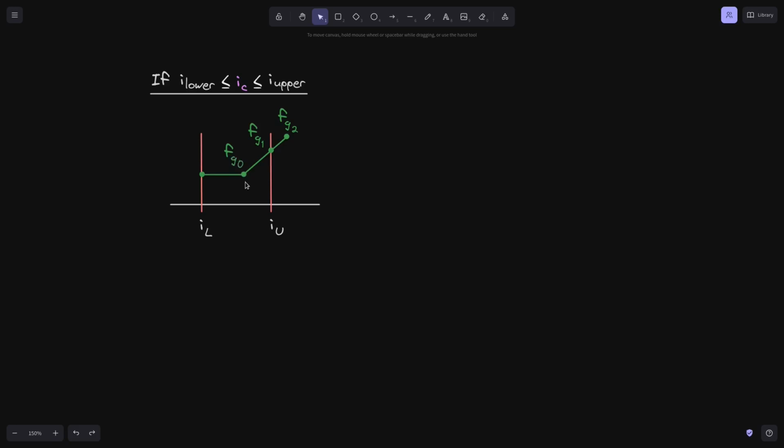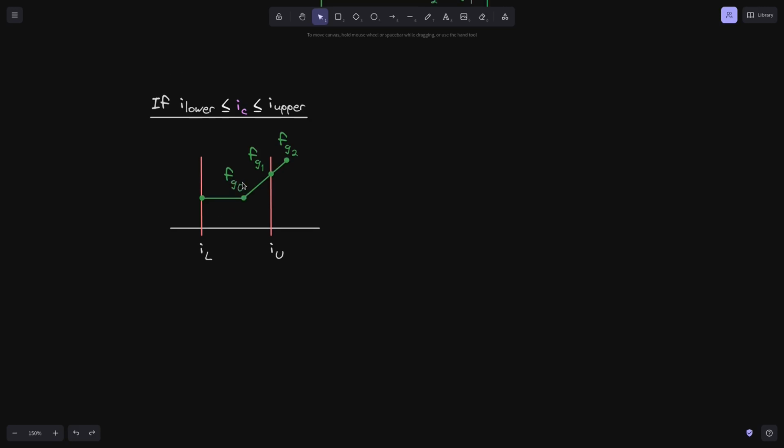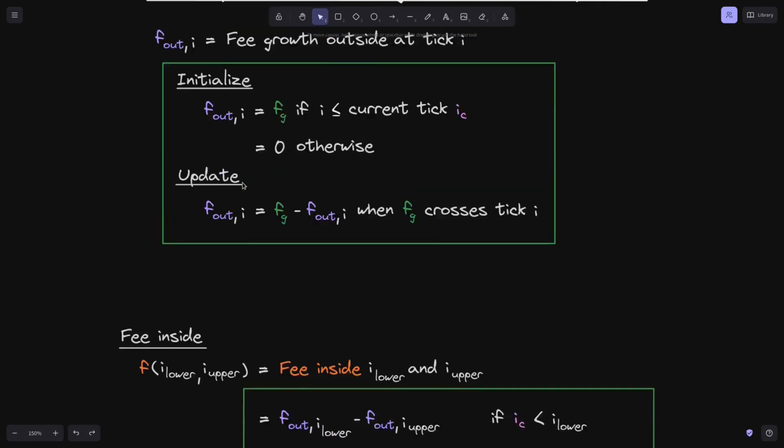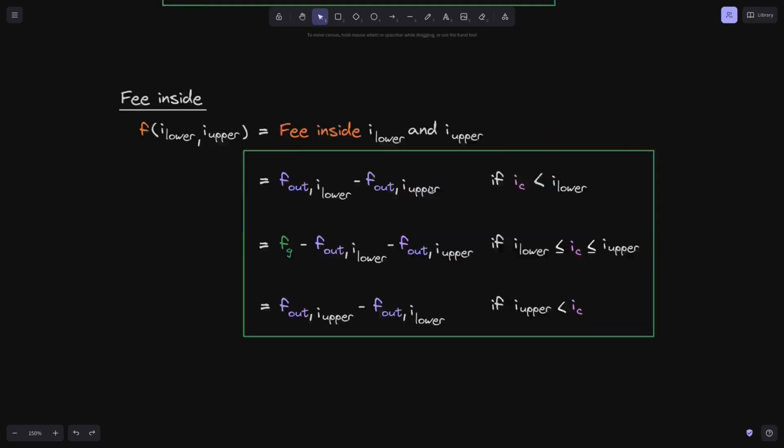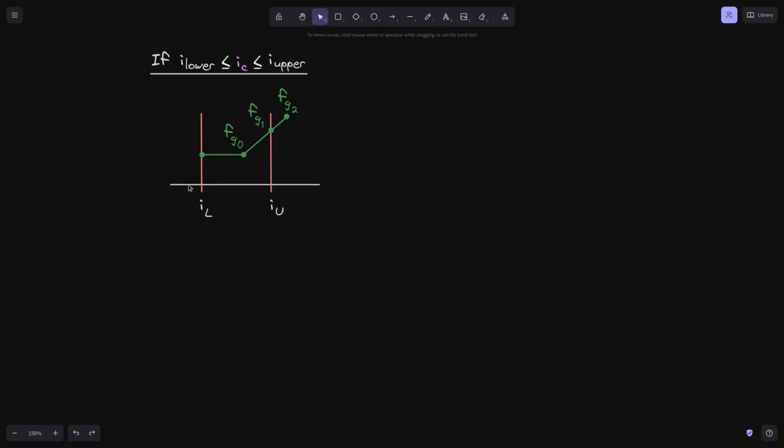So when we initialize this position, we'll need to apply this rule over here. We'll need to set f out of I lower to be equal to the current fee growth, since I lower is less than or equal to the current tick IC. So going back down, over here we'll need to initialize f out of I lower to be the fee growth, FG0. And f out of I upper, we'll initialize this to be equal to 0.